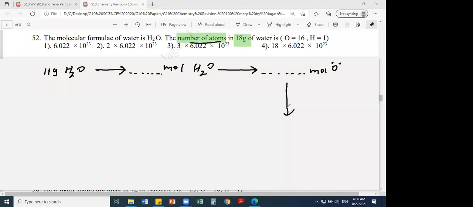Please, everyone, copy this down. Then you can find oxygen atoms.